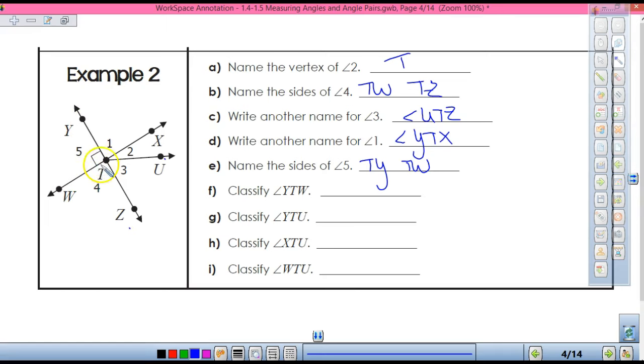YTW is what kind of an angle? How do you know that it's a right angle? That box is very good. Can't say that's right. Okay? Because it could be 89 degrees, it could be 91 degrees. No. How about YTU? Obtuse, yep.